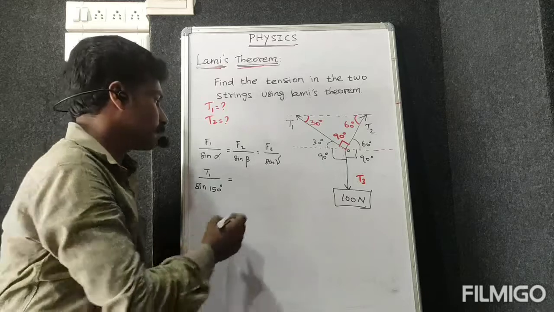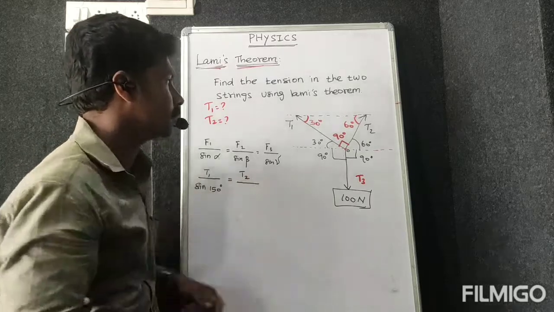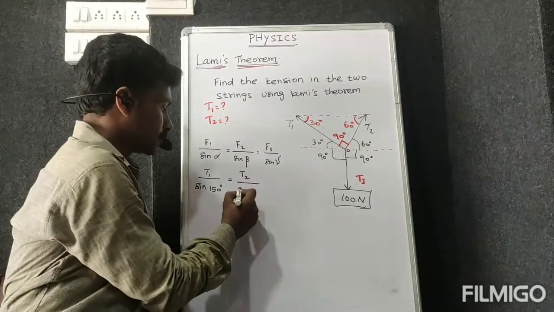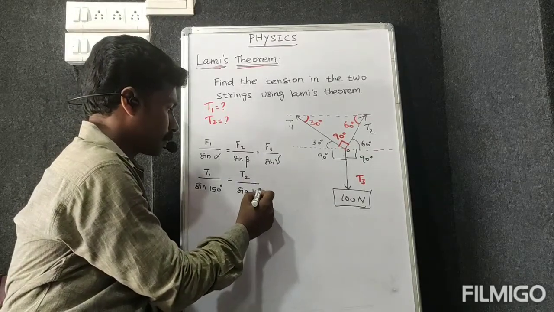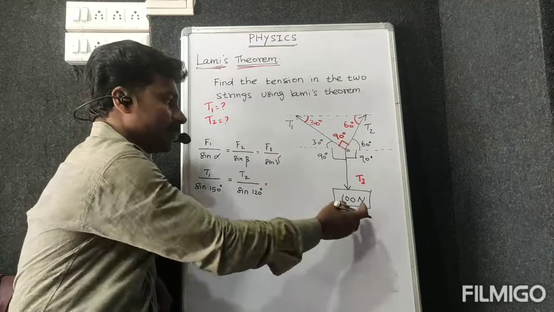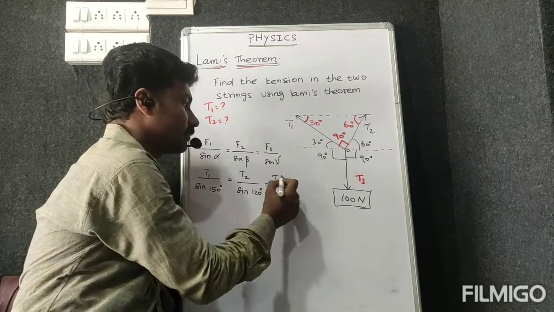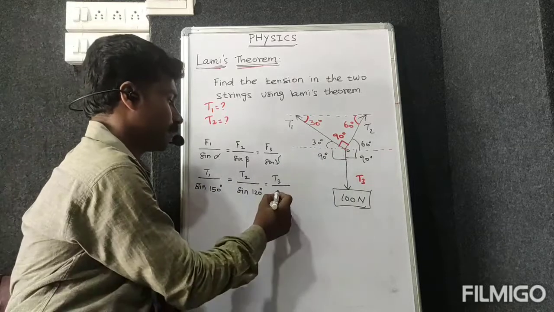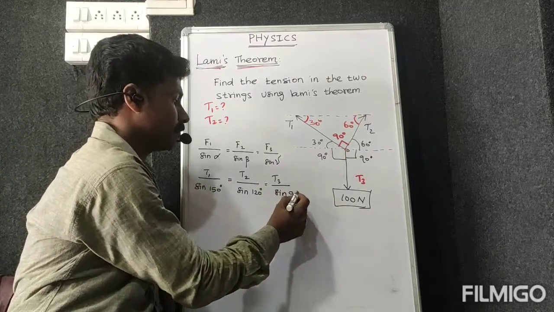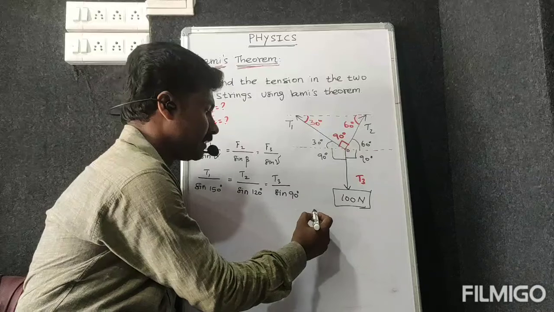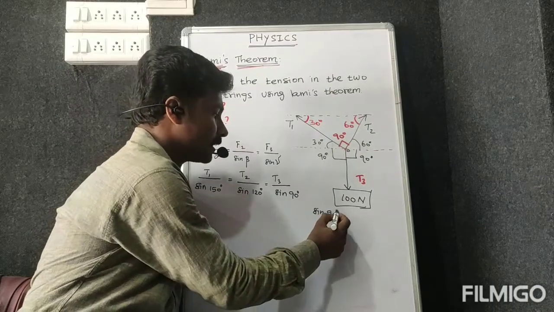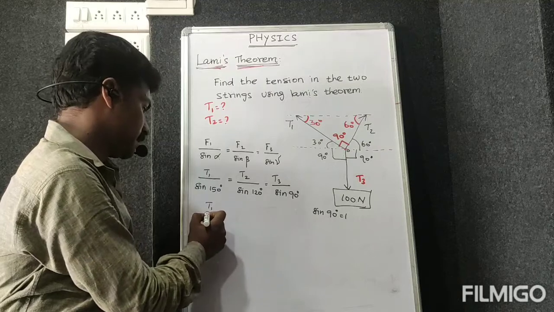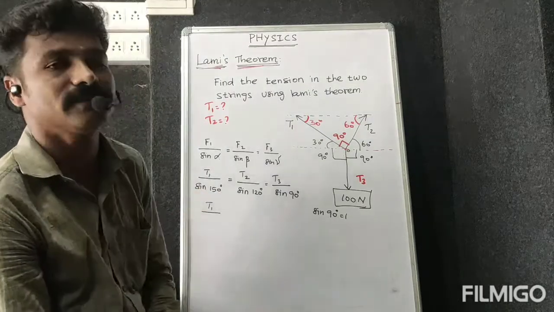Equal to T2 here. T2's opposite angle is 90 plus 30, which is 120, so sin 120, equal to T3 in place of F3. The angle here is 90 degrees, opposite is 90 degrees, so sin 90. We know very well sin 90 is equal to 1. So we can write T1 divided by sin 150.